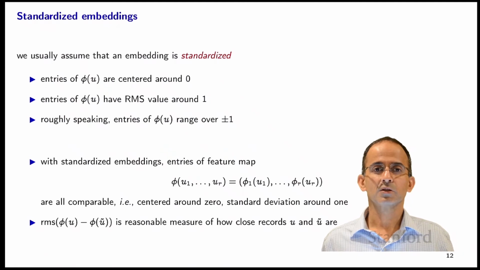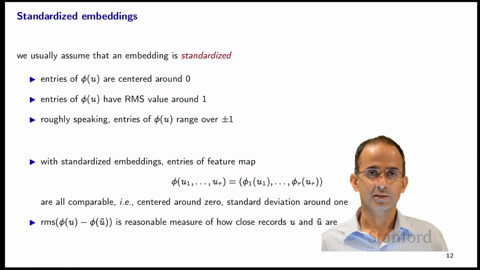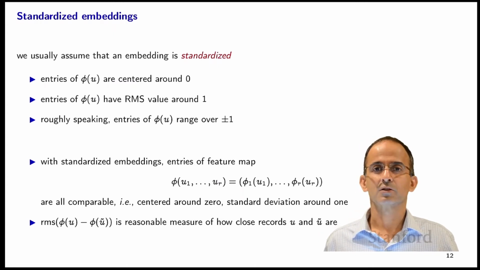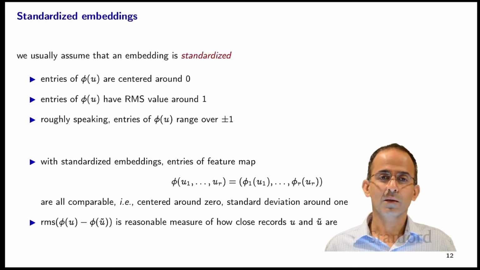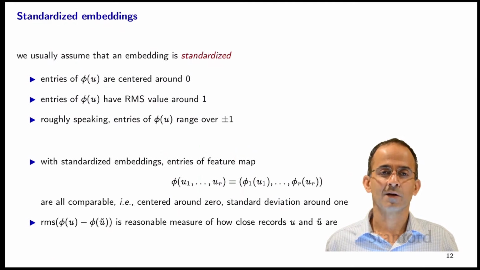Now, we usually assume that an embedding is standardized. That's not always the case, but it is very often the case. And certainly when we construct embeddings by hand, we go out of our way to make sure they're standardized. And what that means is that they're centered around 0 and they have an RMS value around 1.